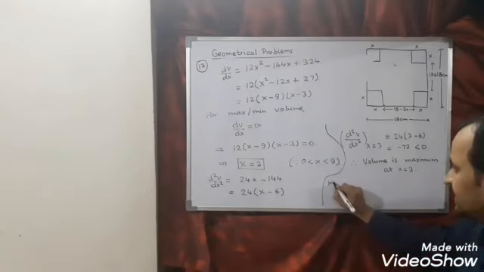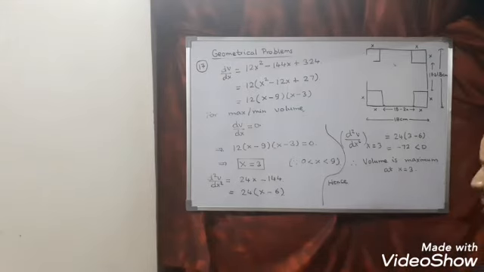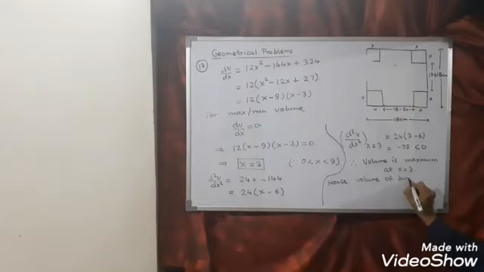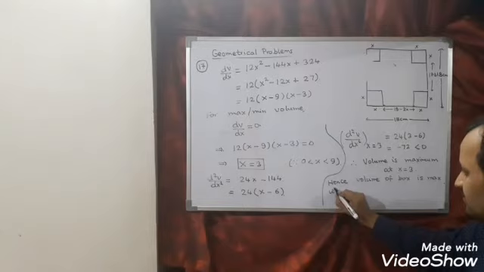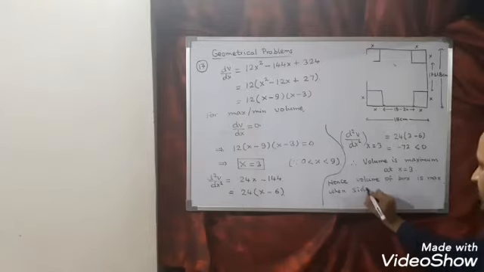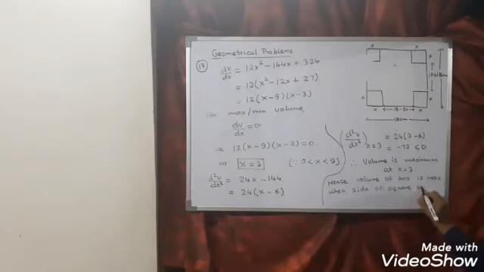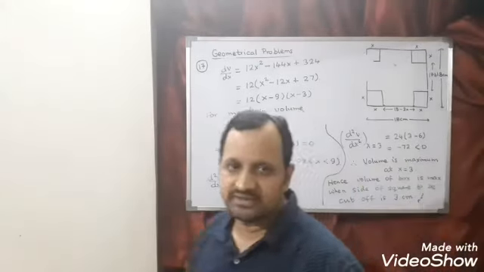So finally I can say, hence, volume of box is maximum when side of square to be cut off is 3 centimeter. So this is the required solution.